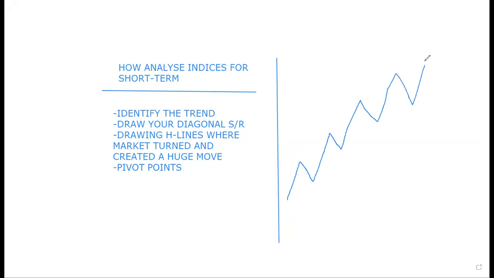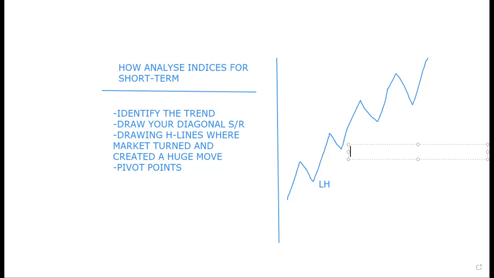Let's say we have a market like this. How do you see that the market is on an uptrend? What you can see is that here we have a lower low with a lower high. Then we have a lower high. No, it's a higher low. These things get confusing.